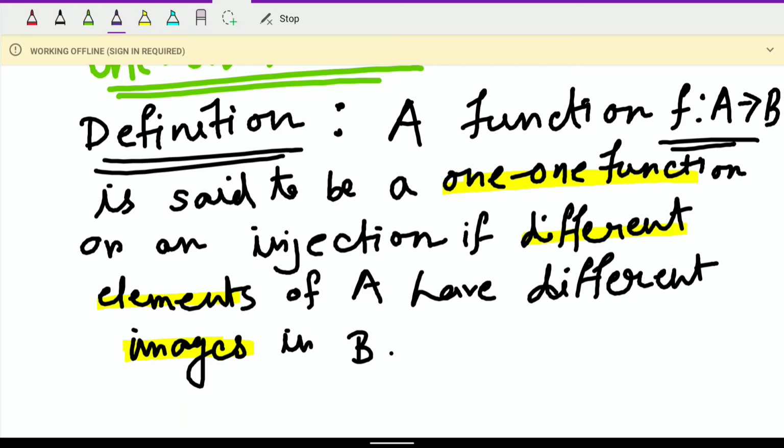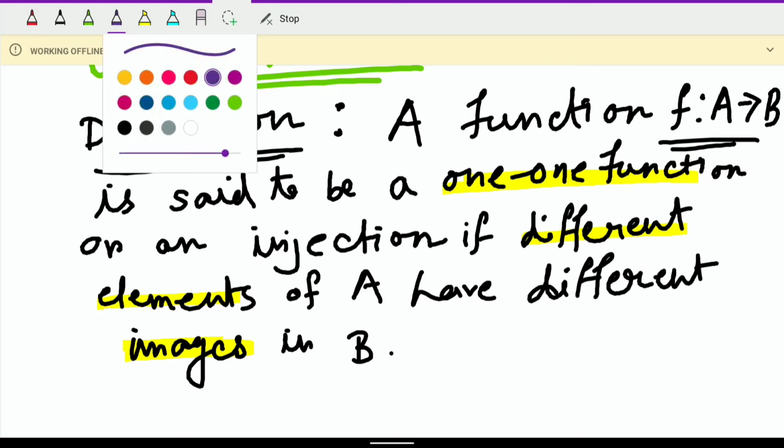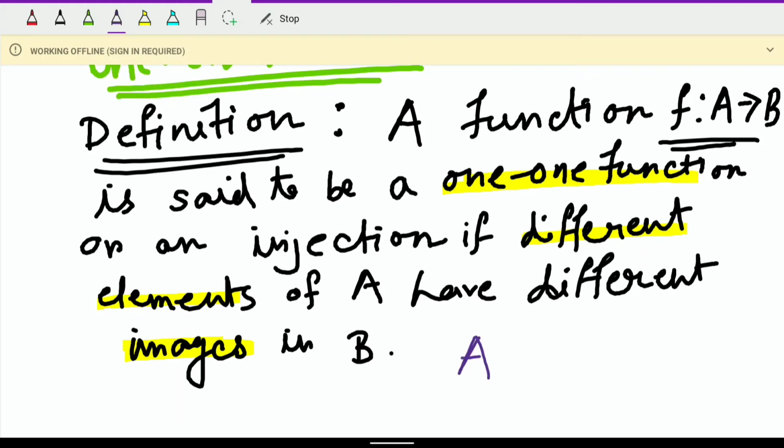Suppose A is a set with elements 1, 2, 3.